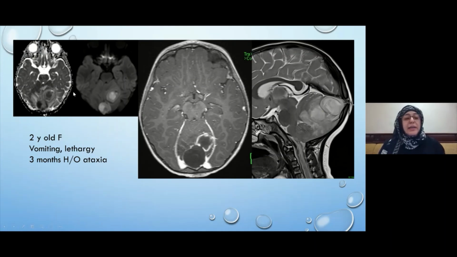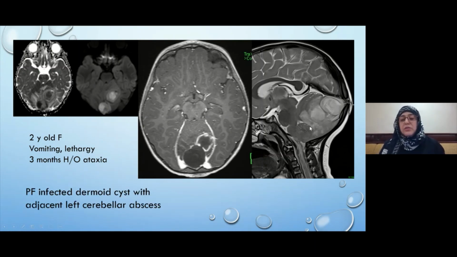This child had two posterior fossa diffusion restricting lesions, but they had a little bit of difference in the appearance on DWI and in the wall enhancement. I want to draw your attention to the defect here in the occipital bone with the extension towards the skin, and the neurosurgeon confirmed the presence of a punctum that was covered by hair.